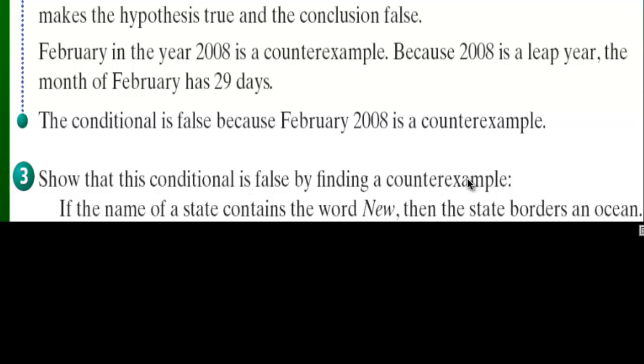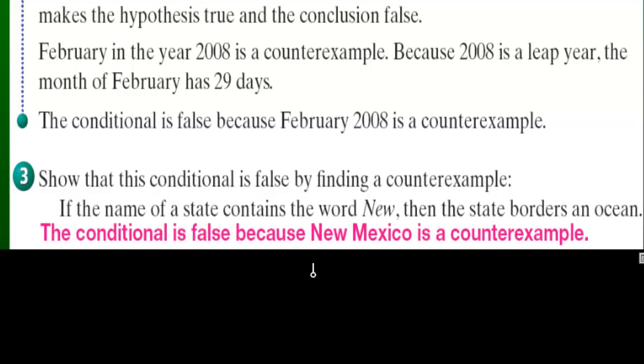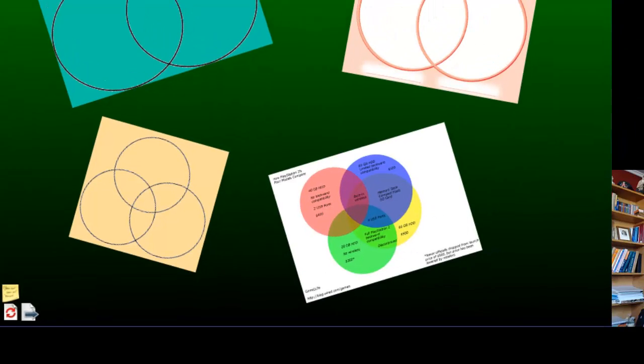However, you get a different conclusion, meaning that it's not on the border of an ocean. Can you think of one? Well, that would be New Mexico, because New Mexico meets the condition of having the word new in it. However, I get a different conclusion than what is given. So that is how you prove a conditional false, by giving a counterexample.